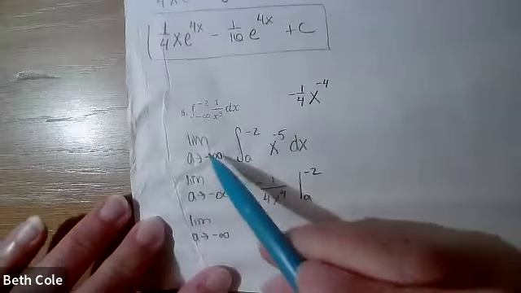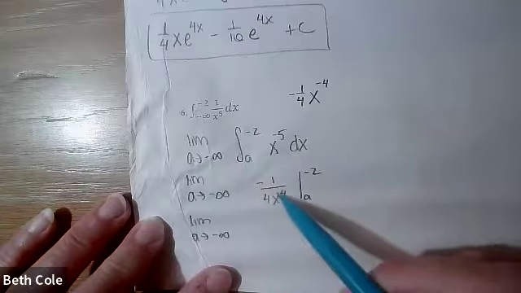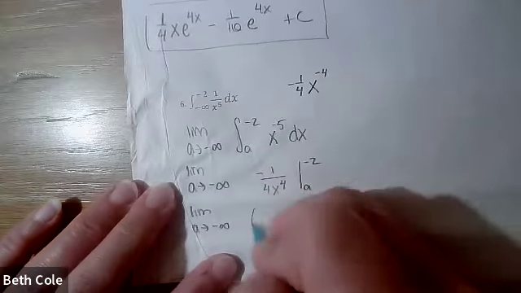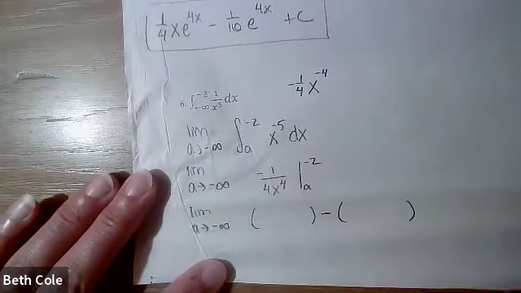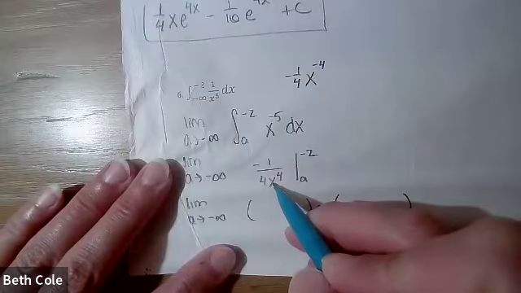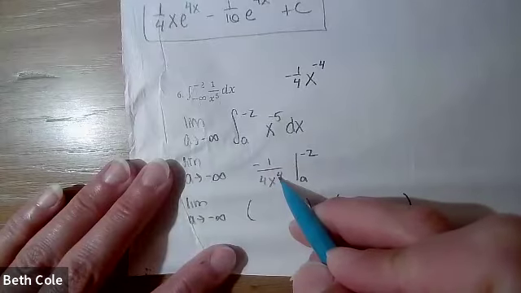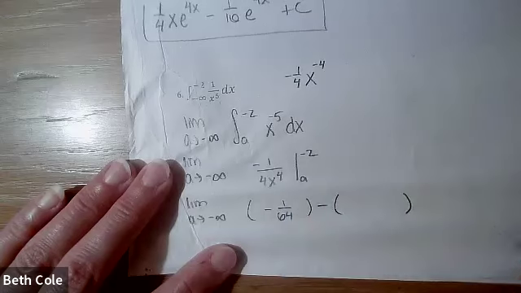So they're 4-step problems. The first one, you fix your limit and your boundaries, and then you do the antiderivative. And now we're going to do upper minus lower, and then your last step is you evaluate the limits to get your final answer. So plugging in -2. -2 to the 4th would be positive 16 times 4 would be 64. So -1/64.